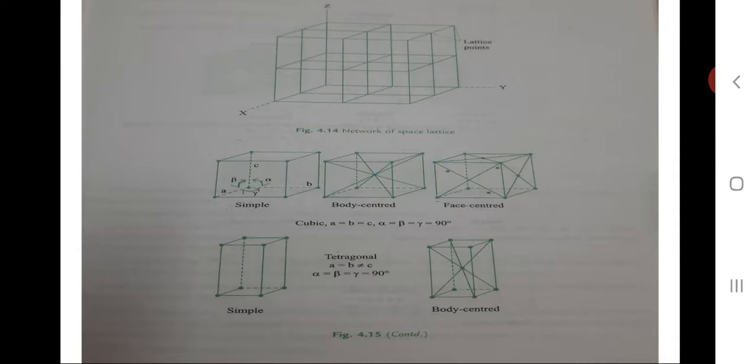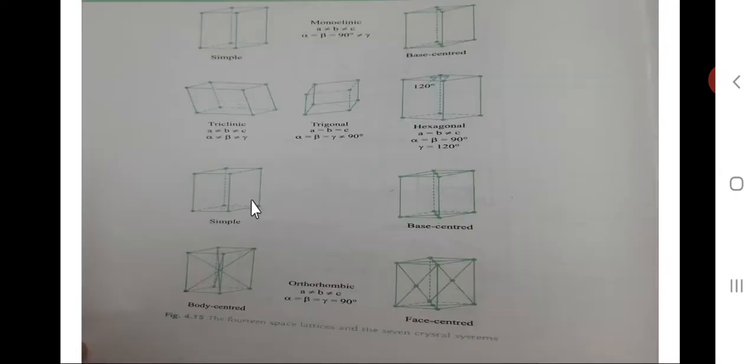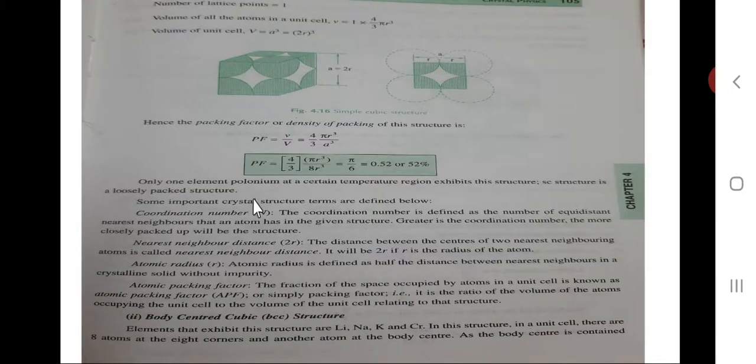We note the following features: coordination number n is equal to 6, nearest neighbor distance 2r is equal to a, lattice constant a is equal to 2r, number of atoms per unit cell is 1, number of lattice points is 1, volume of all atoms in unit cell is v equal to 1 into 4/3 pi r cube, volume of unit cell V is equal to a cube, that is (2r) raised to cube.